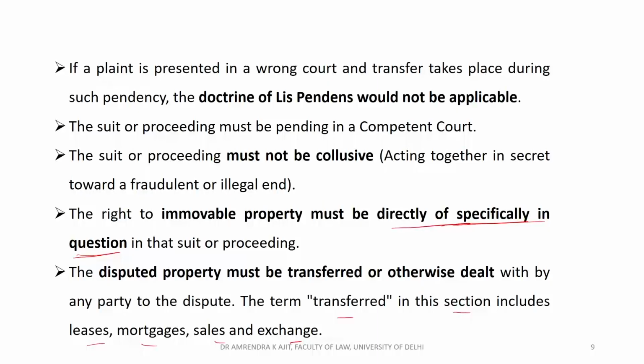Suppose there are 4 brothers, so they will get 25% each, but he is going to sell only 10%, and the remaining 15% balance is not a certain property. The whole 100% property is in dispute, but what is going to be transferred is not ascertained. So, in that case lis pendens will not apply.